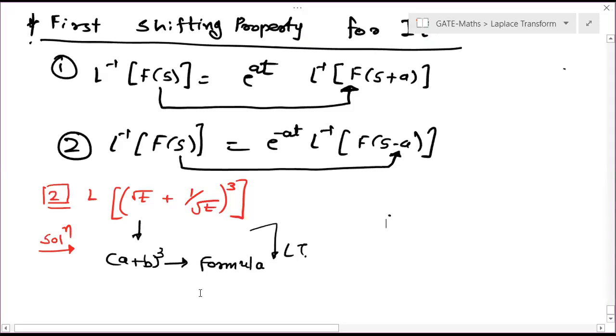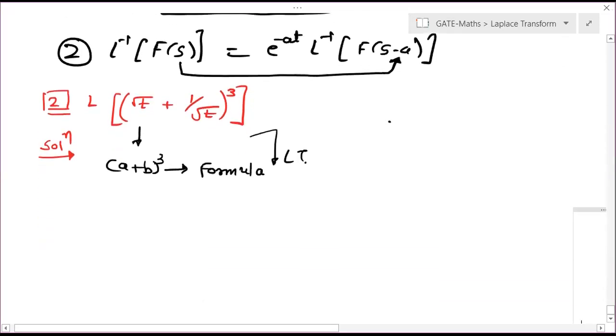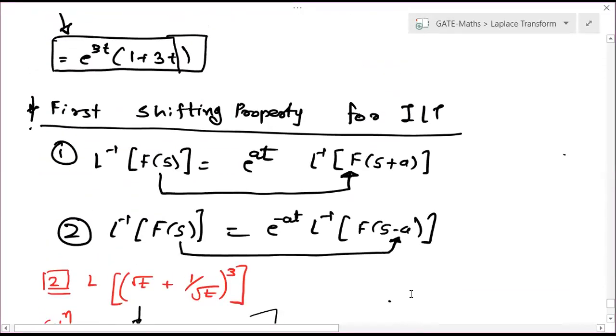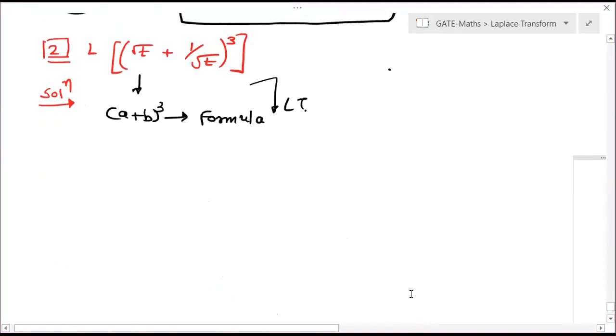Okay. Now see over here. A plus b whole cube formula, right? This is your homework question.